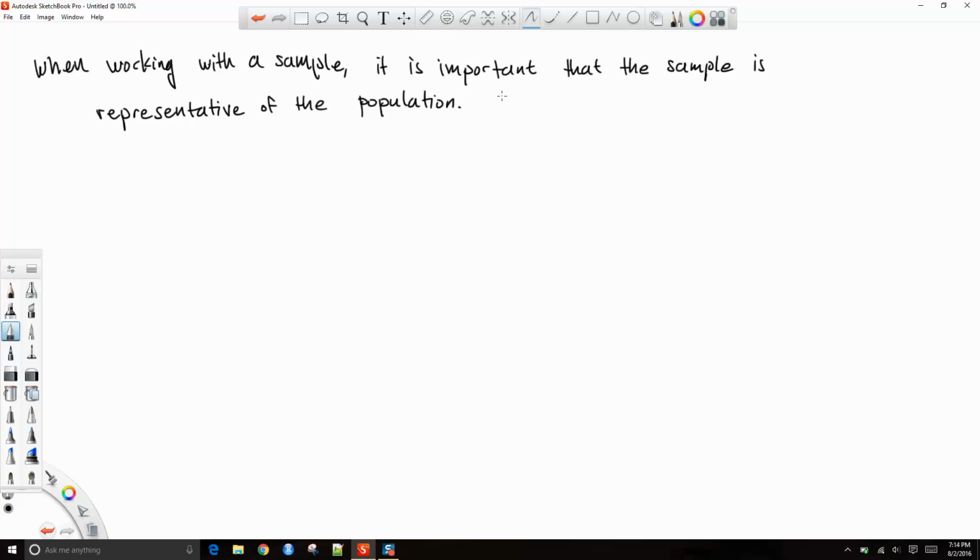If the sample is not representative of the population, we say that sample is biased.